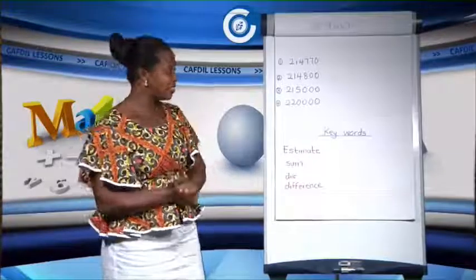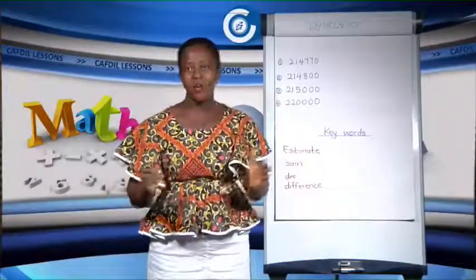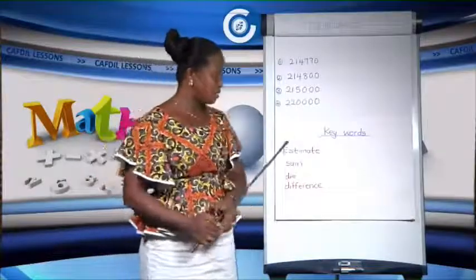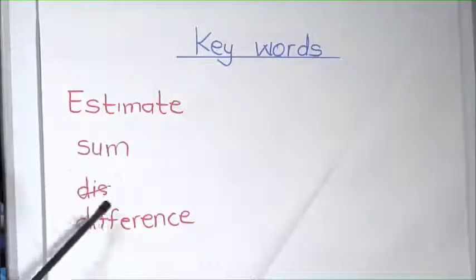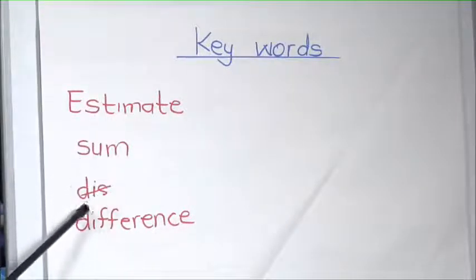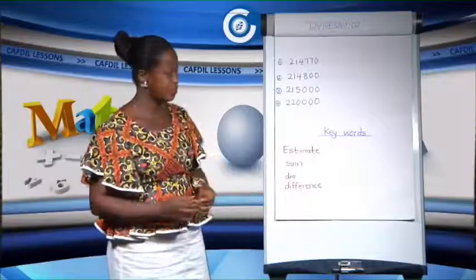Nice one. Now let's go through our keywords for today. We have the first one to be estimate. We have sum, we have difference. Now when we say estimate, what does it mean?